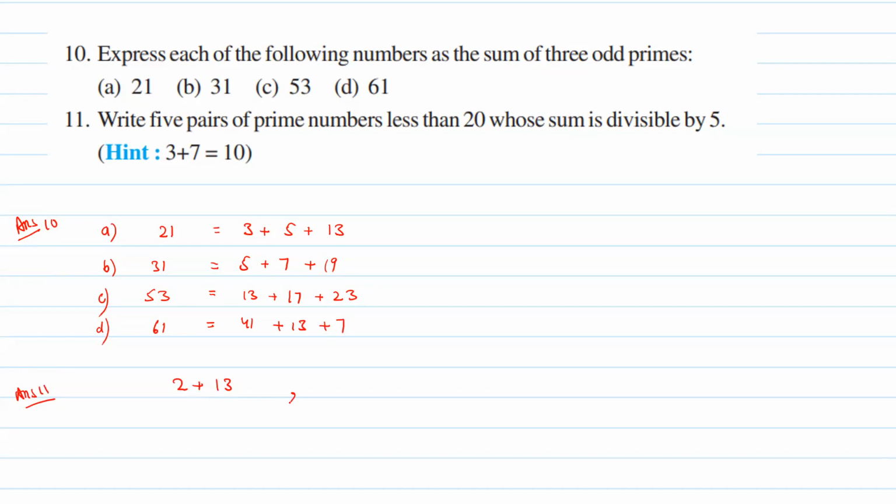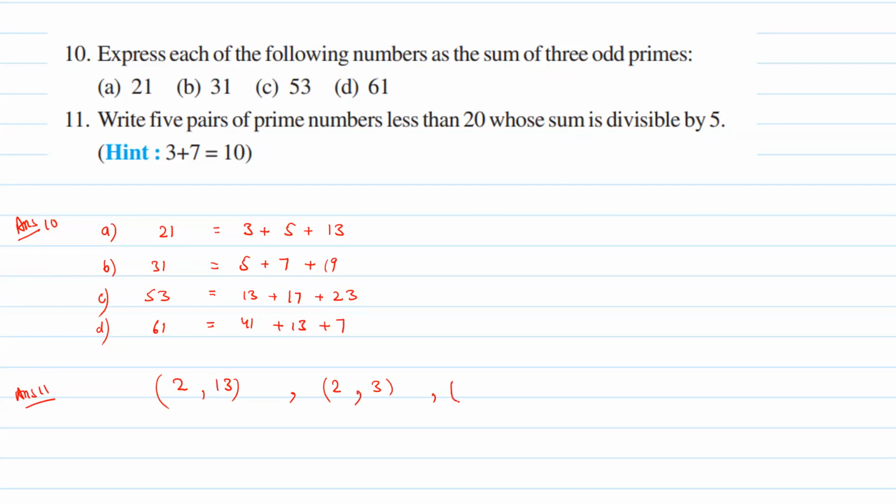Then again, we can write 2 plus 3. You can skip it also and write like this if these are considered as the pair.